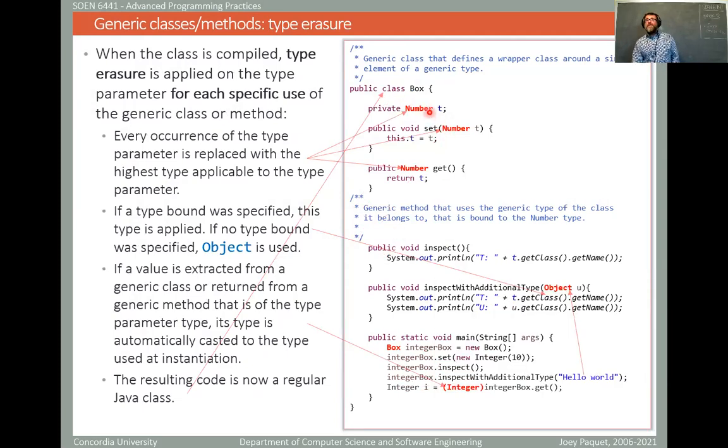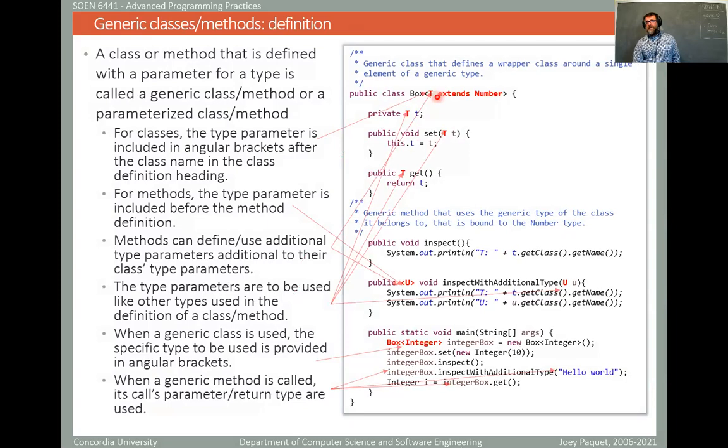So you see, this is the actual raw type that would be generated by the type erasure at compile time. This becomes a regular class Box, and all occurrences of T are replaced by Number. So in the box you can put only things which are Number.